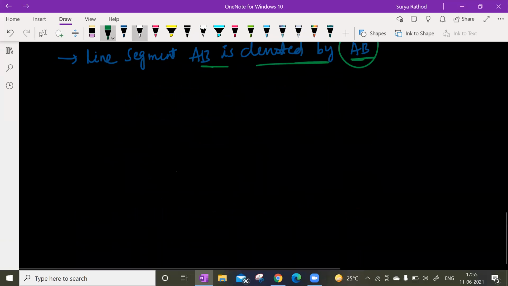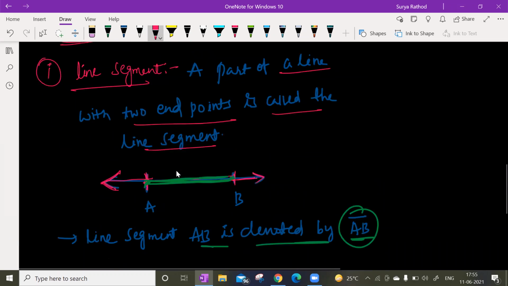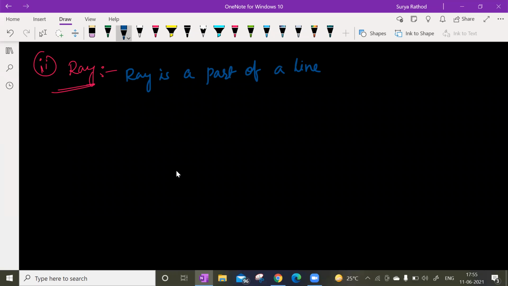Now we'll talk about the next terminology. First was line, so the second one is ray. What is a ray all about? Ray means a part of a line with one endpoint. A ray is a part of a line with one endpoint.